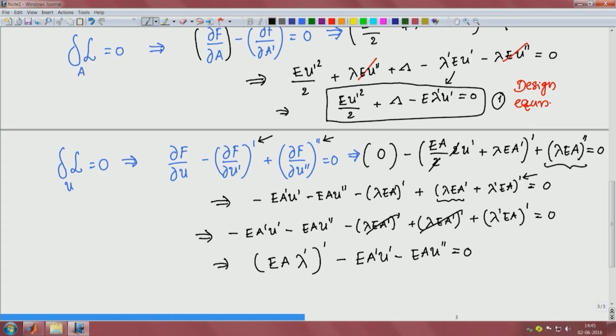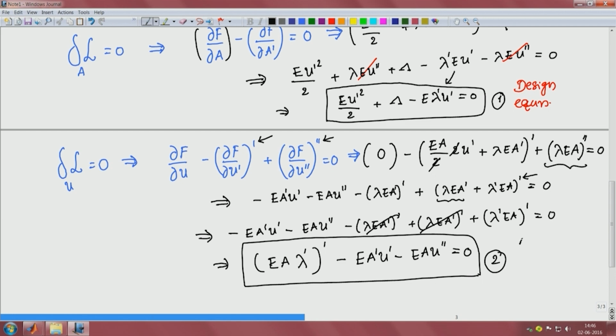If our algebra is correct, this is our second equation, which we got by taking the variation of the Lagrangian with respect to u. Let us call this the second equation. This is called the adjoint equation.